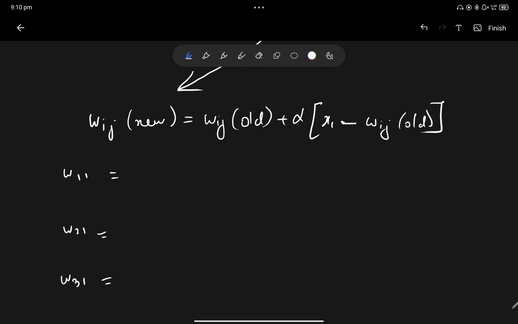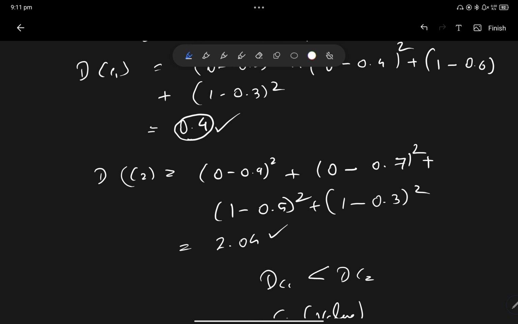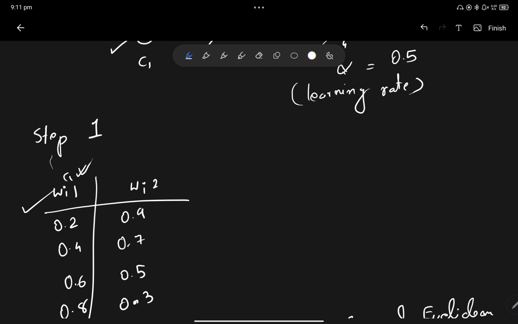Now how to calculate? What is W_ij old? The old weight of W11 is 0.2, plus 0.5, which is the learning rate, times the input. If you see here, this instance is 0, 0, 1, 1.